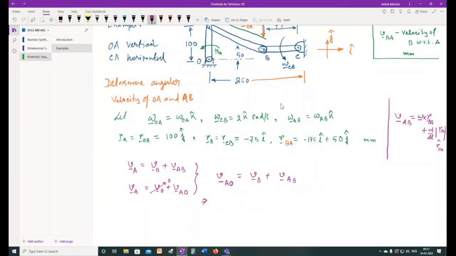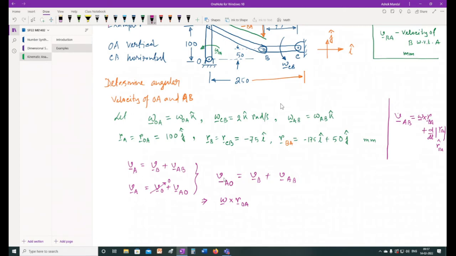Only one, because this length is not changing, so the derivative part is not there. You have only omega cross R.